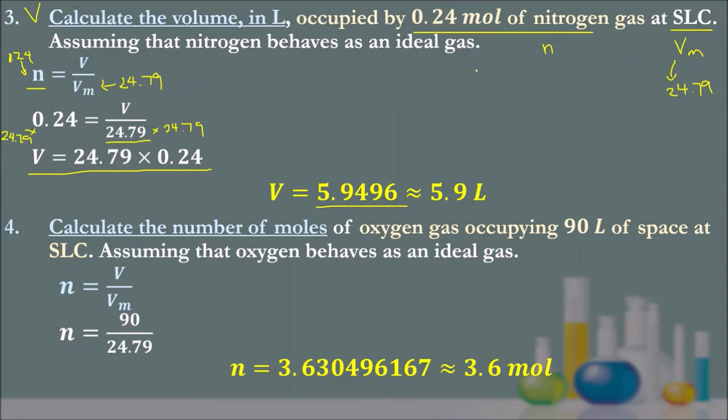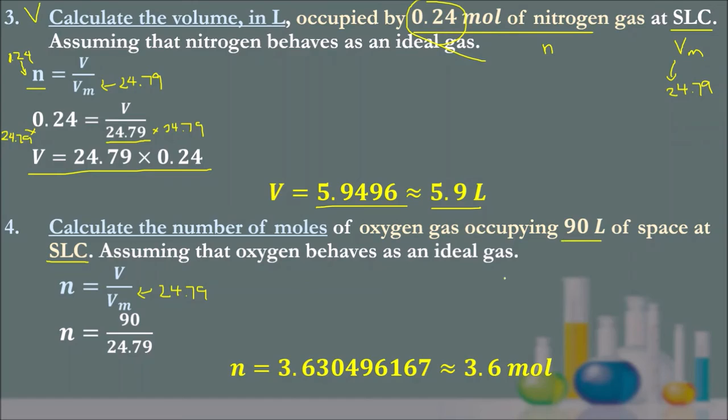If I look at my equation carefully, I have 2 sig figs as the lowest one, so 5.9 liters. If we look at question 4, same idea here. Standard lab conditions again, so I substitute 24.79 straight away.